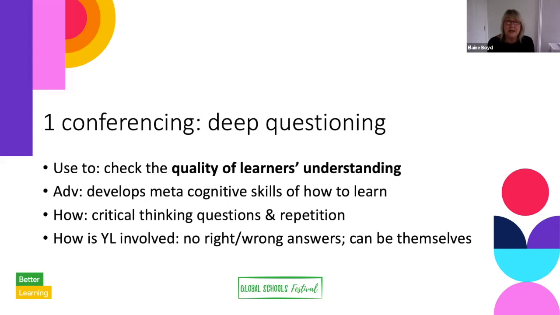So anything they say is, if you like, valid or valuable. Now, their answer might not be the thing you are assessing, but it is your window into their progress and your way to see how far they understand something. And also, because they're giving answers like this, they can be themselves, which is what we said we wanted.